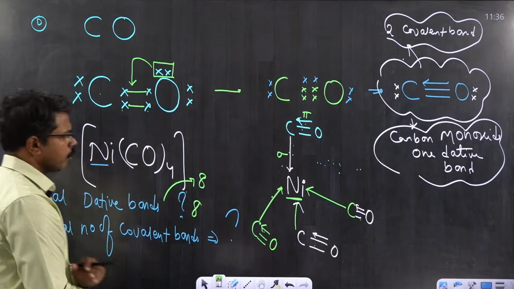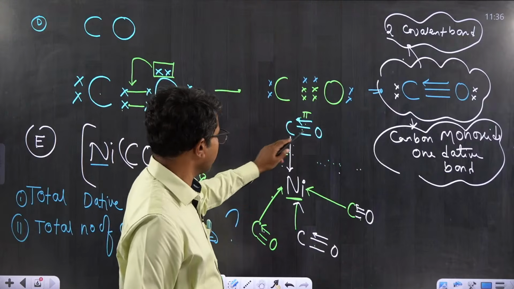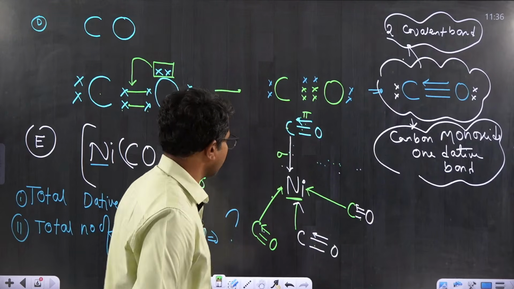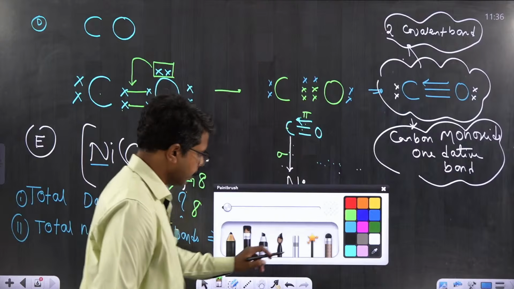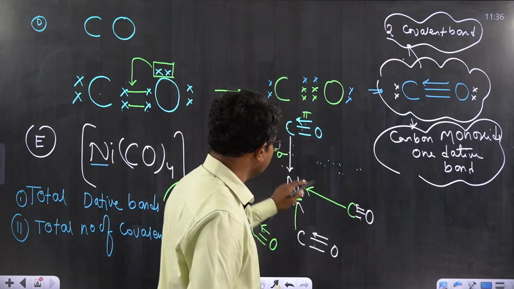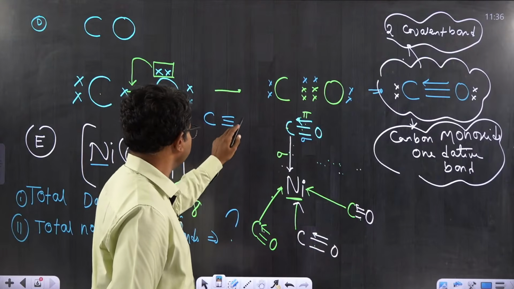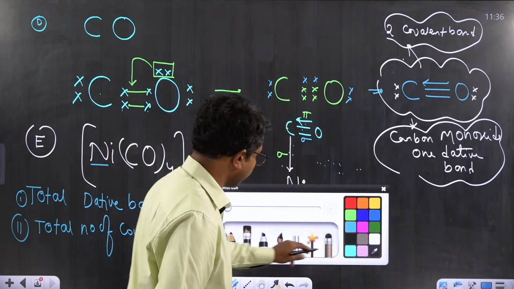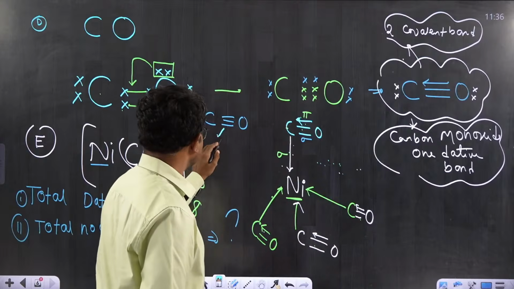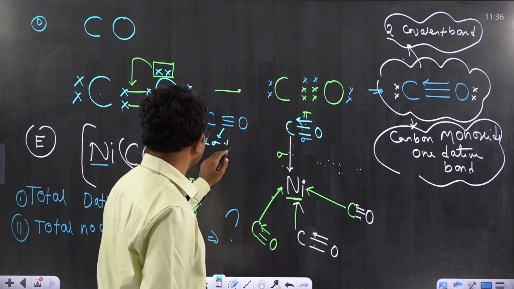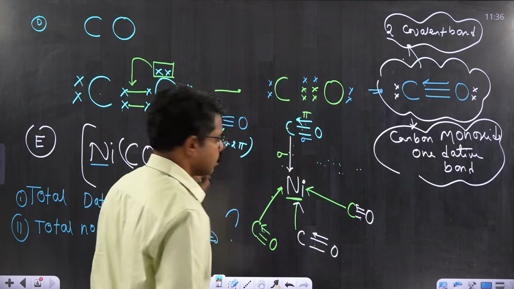Now if I am talking about the dative bond over here, in case of carbon monoxide, this is a sigma bond. As I told, out of 3 bonds, if you find a triple bond between 2 atoms, one of the bonds is a sigma bond, and the rest of the bonds are pi bonds.